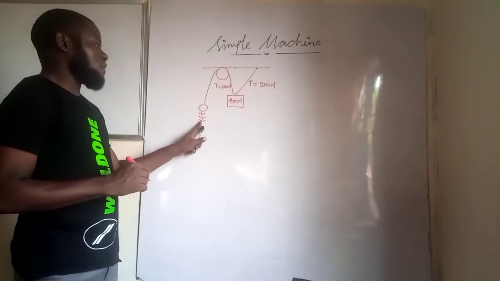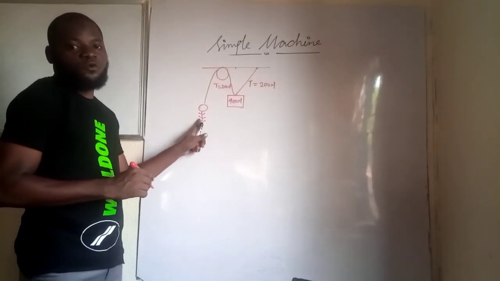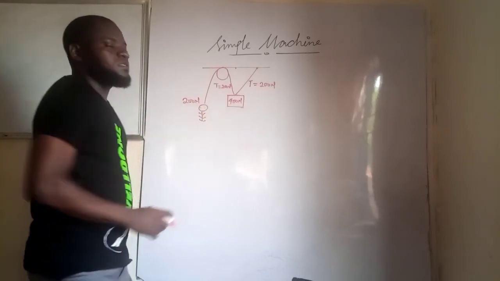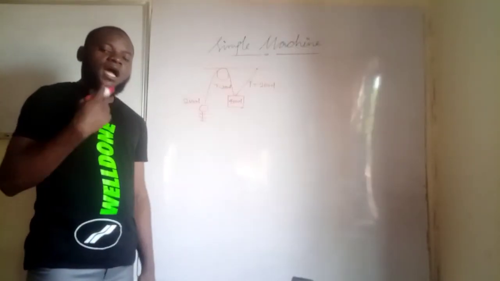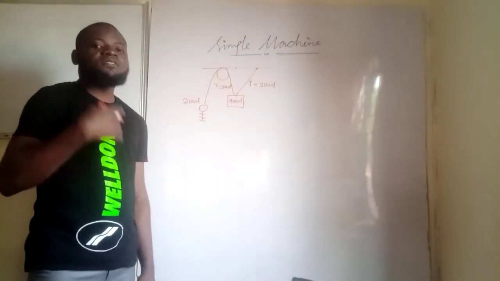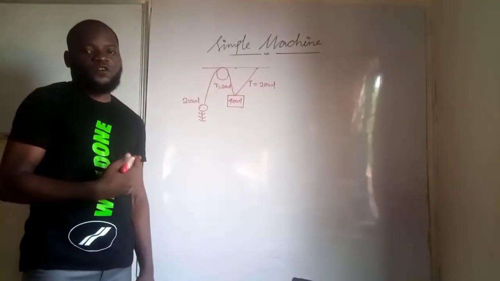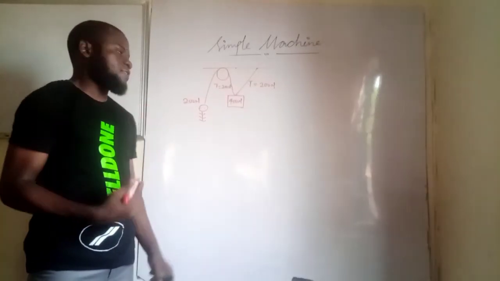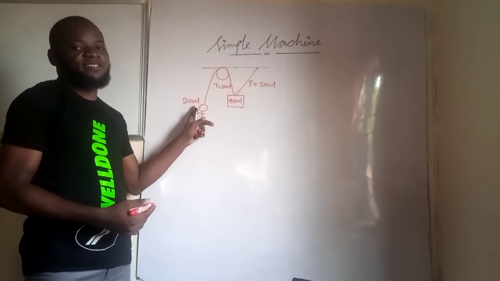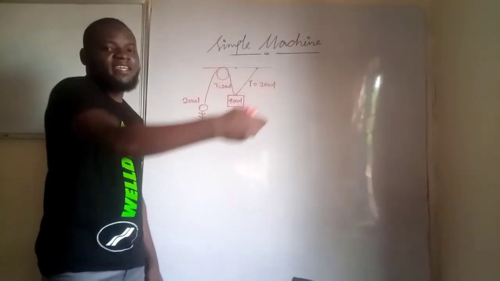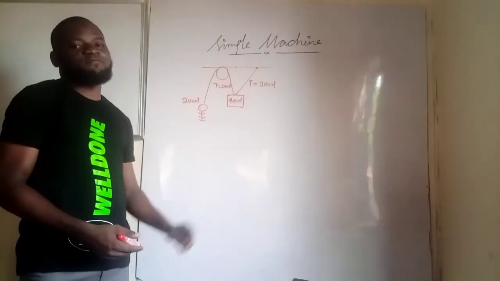Therefore, this man needs to apply an effort of 200 Newton in lifting this crane. And by definition, a pulley is a machine that doubles the input force. Whatever force you put in, it is going to double it. If this is 200 Newton, this pulley has helped you to multiply it by 2 so that it can lift this body.